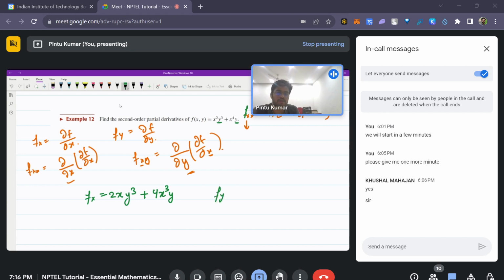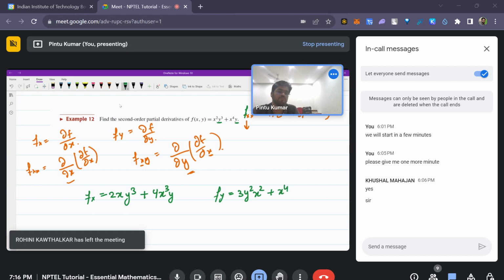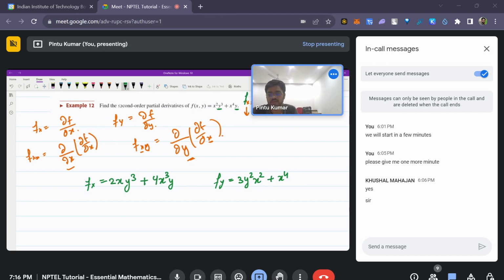What is my f of y? Now we'll treat x as constant. So this will be 3y square x square plus x to the power 4, because the derivative of y is 1. Okay. Now let's calculate the second order derivatives. What is f of xx?